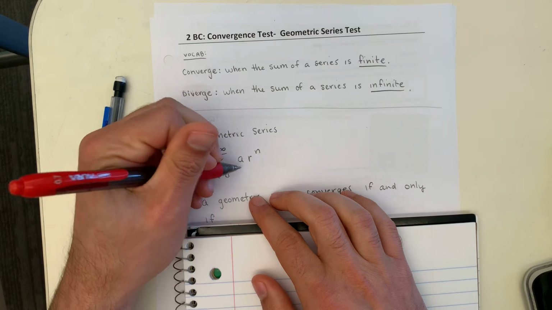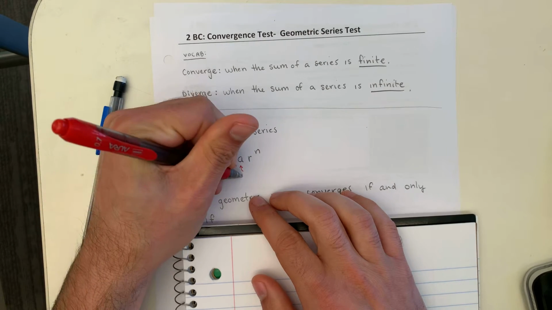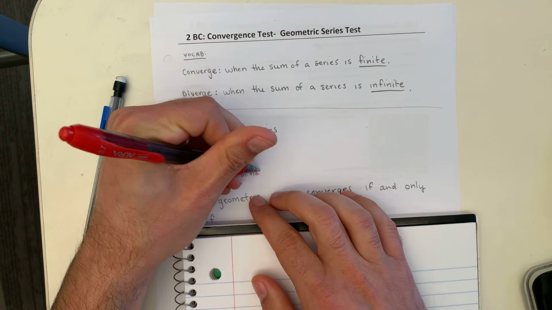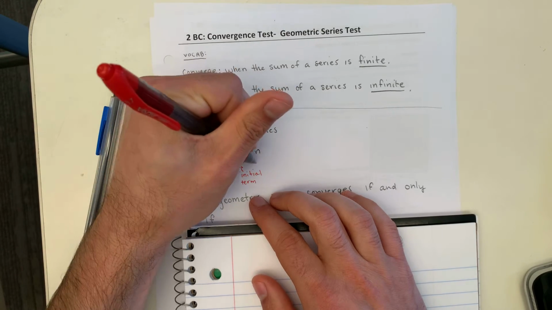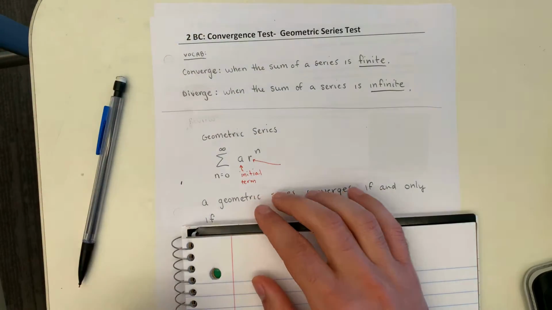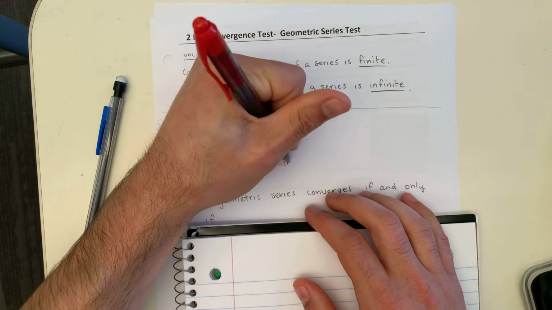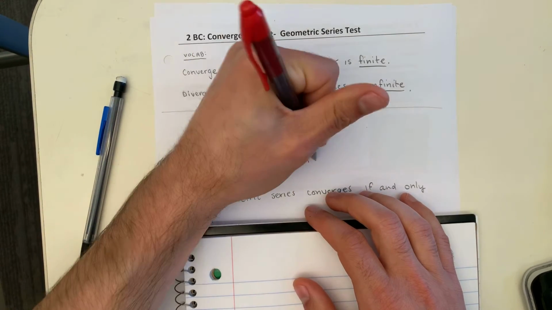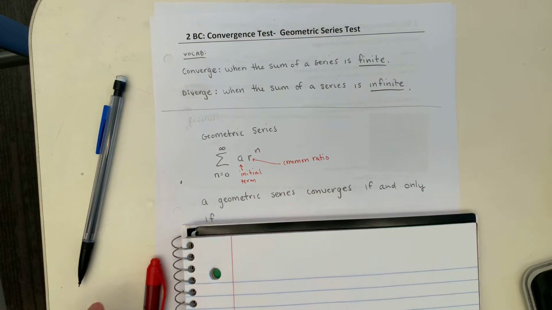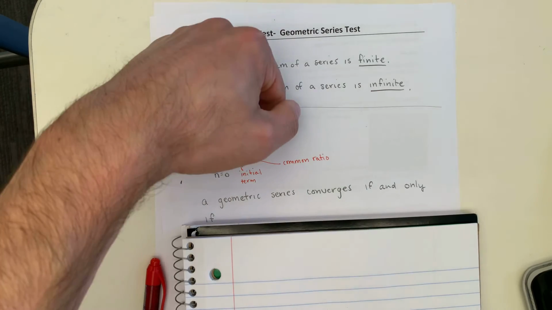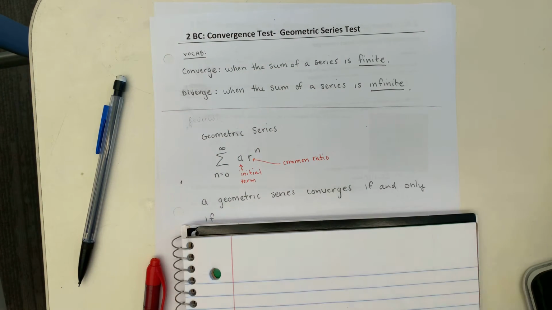And then the A, just as a review, is the initial term. The R represents the common ratio, which is the number you're multiplying by every time. And then N is what you would plug in for whichever term you're looking for.